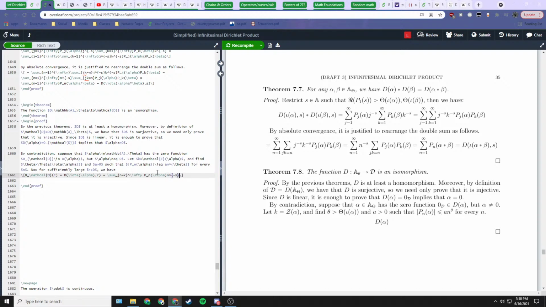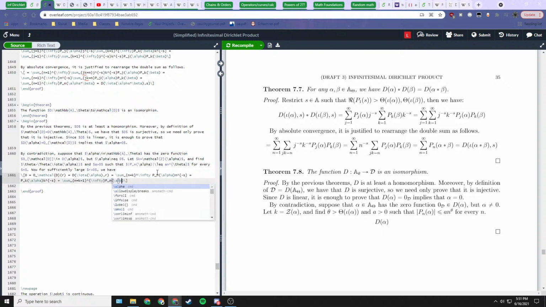But we're actually going to rewrite this as p sub k of alpha times k to the power minus s plus the summation n equals k plus 1 to infinity of p sub n of alpha times n to the power minus s.